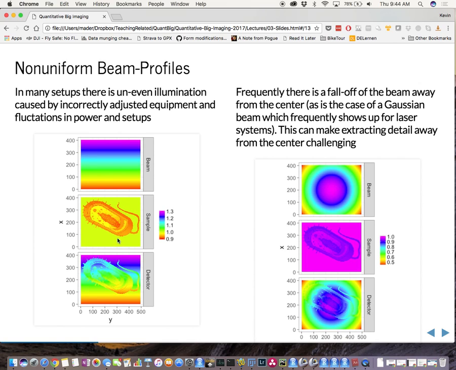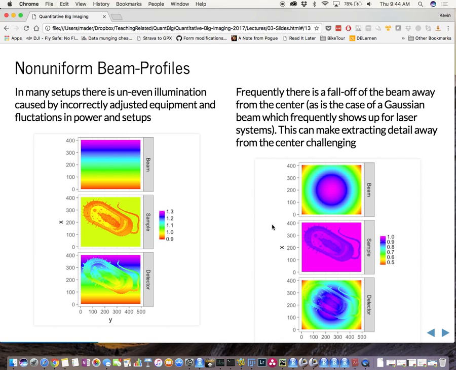Your goal is to get rid of that changing illumination so that you have an image of just your sample itself. Because if you see some sort of pattern like that, that's probably not inside your sample, and that's probably because something in your system is not aligned or your beam profile isn't flat.